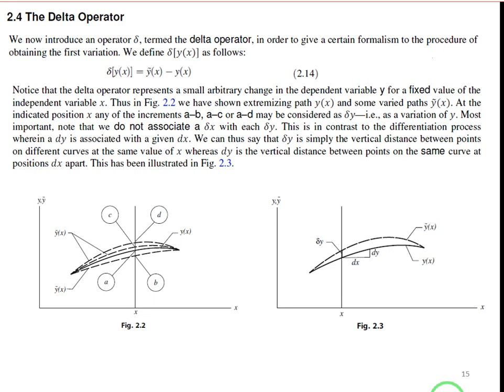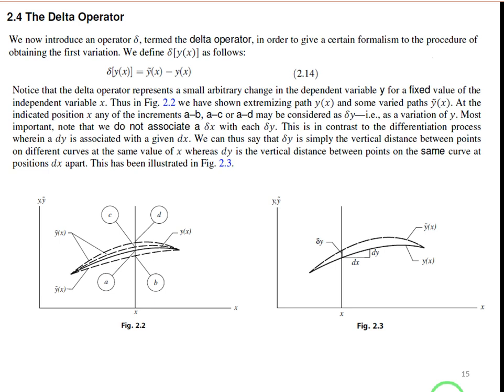In this method, which is used more than the epsilon eta method, we are going to find the variation of the function.